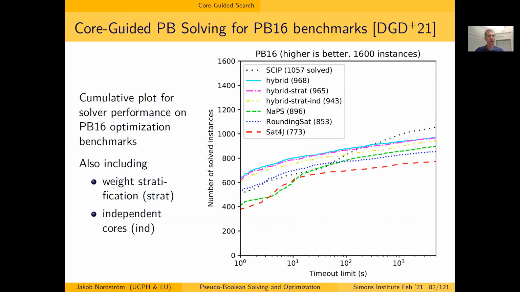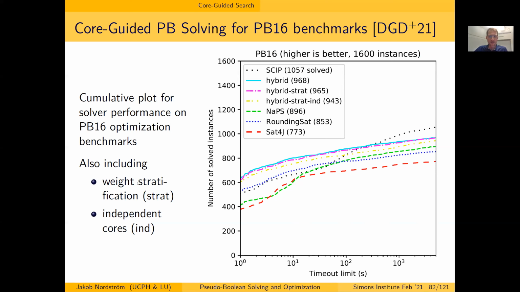Oh yeah, here is also a cumulative plot for the Pseudo-Boolean competition 2016 benchmarks. So here we're plotting number of solved instances as a function of time with a logarithmic scale. And here we also tried to introduce these ideas with weight stratification and trying to find independent cores.